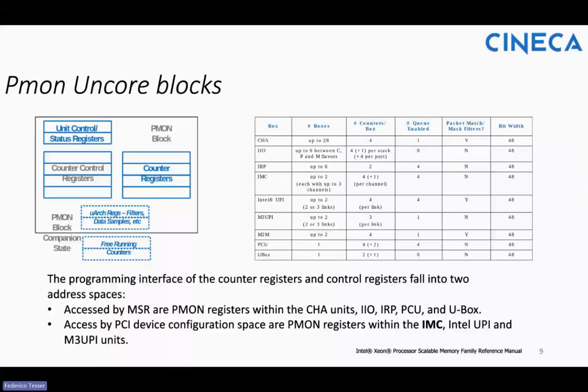Here we see a zoom inside a PMU, specifically an Uncore PMU, but it's quite the same. You can see that there are control registers, which you can modify, writing the control register to decide what the counter registers inside each PMU can actually measure.